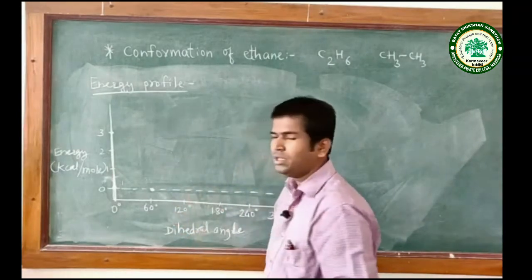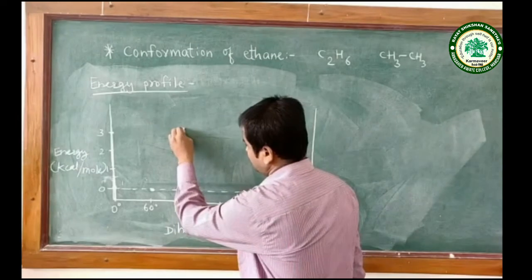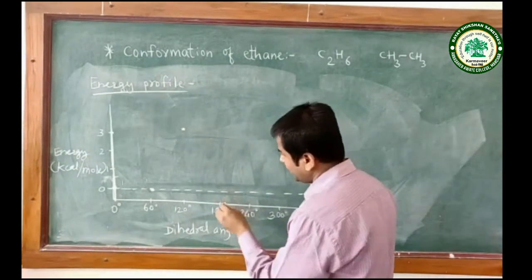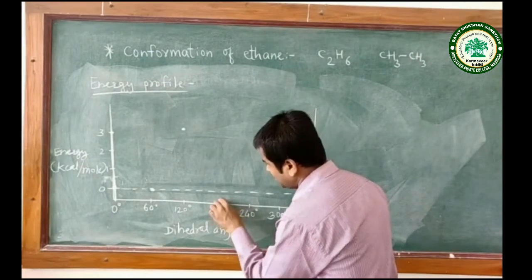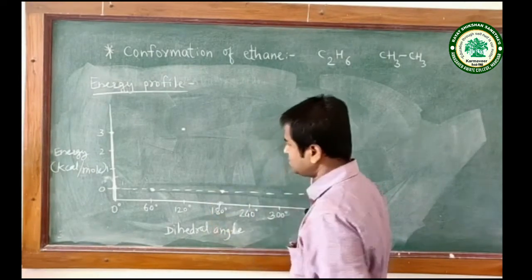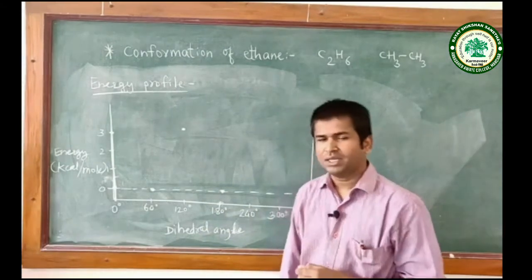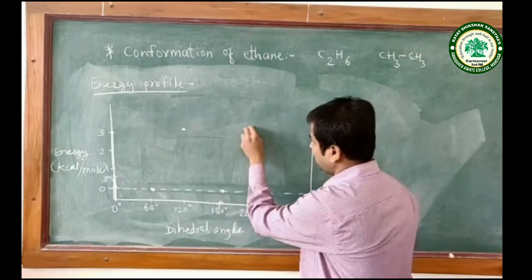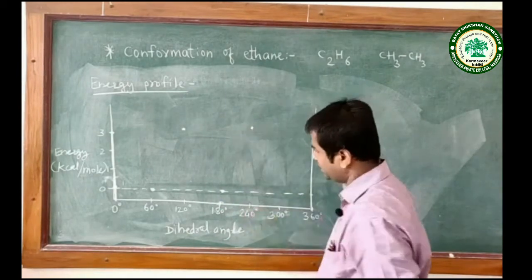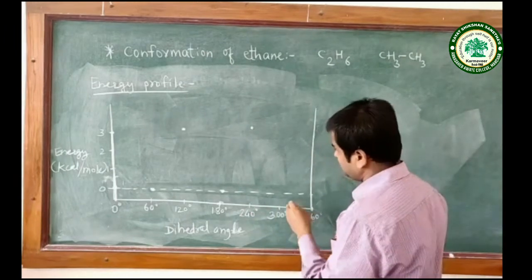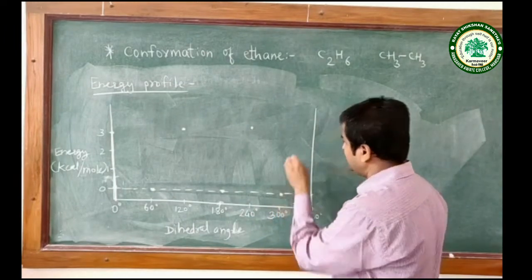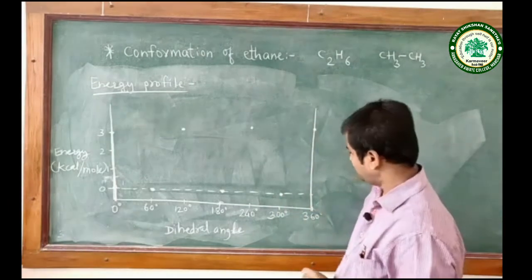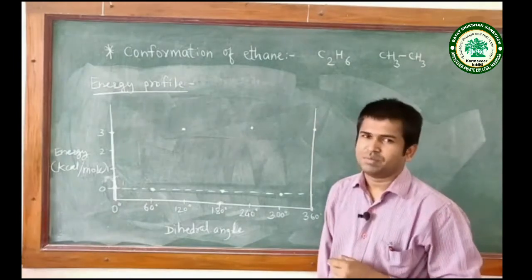At 120 degree, we obtain eclipse conformation having the energy 3 kilocalorie per mole. Again, at 180, we obtain staggered conformation having energy 0. Again, at 240 we obtain eclipse conformation, at 300 we obtain staggered conformation, and at 360 we obtain the eclipse conformation.